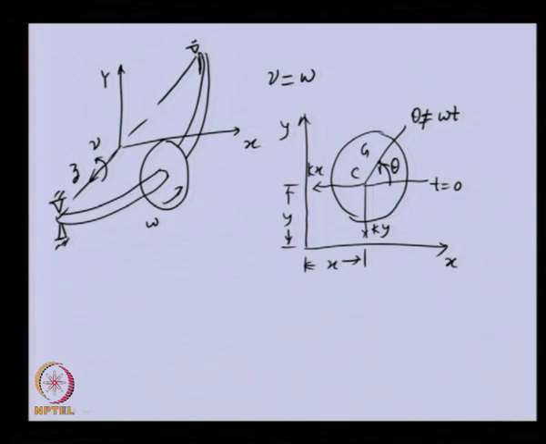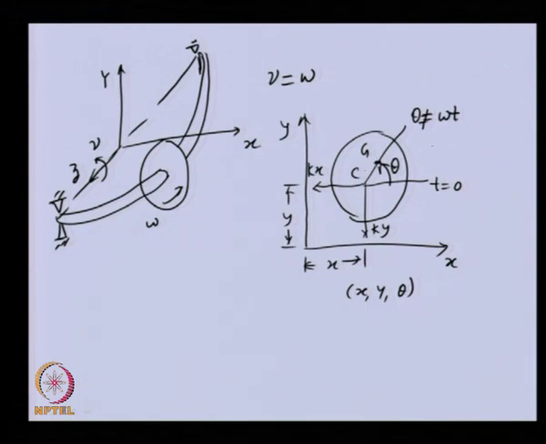So basically in this particular case we have x, y and theta as the generalized coordinates to define the position of the disk, and now we can obtain the equations of motion by equating the force balance in the x direction, y direction and theta direction. In this particular case, let us see the position of the center of gravity, which is here.